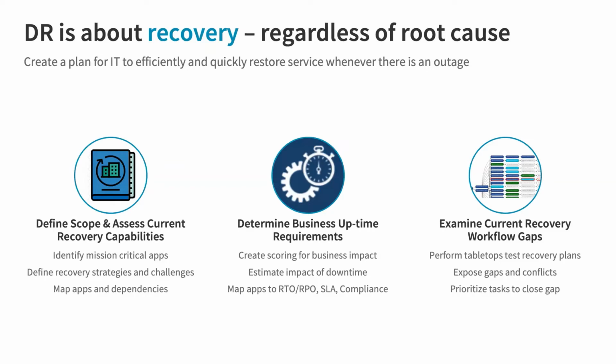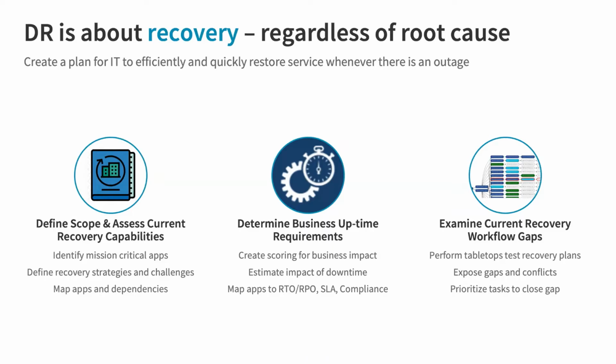First, IT needs to understand the scope of recovery requirements for the business and assess its current capabilities to meet those requirements. IT and business teams need to work together and identify mission critical apps, understand how they work, what their dependencies are, and how they're hosted across hybrid environments.